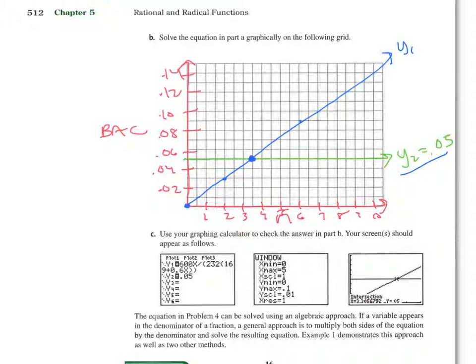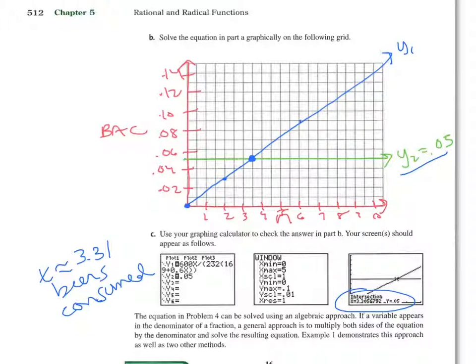I'm looking for that spot right there. So go on, find the intersection. You'll find that for the blood alcohol to be 0.05, x had to be about 3.31. So that would be how many beers were consumed in the hour before this person took the breathalyzer test.